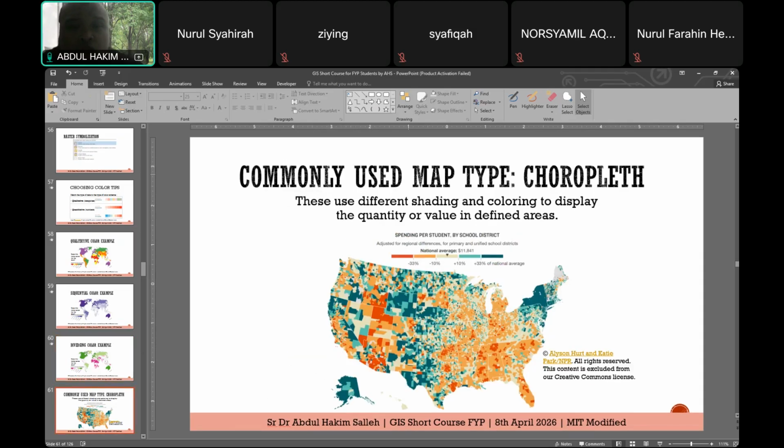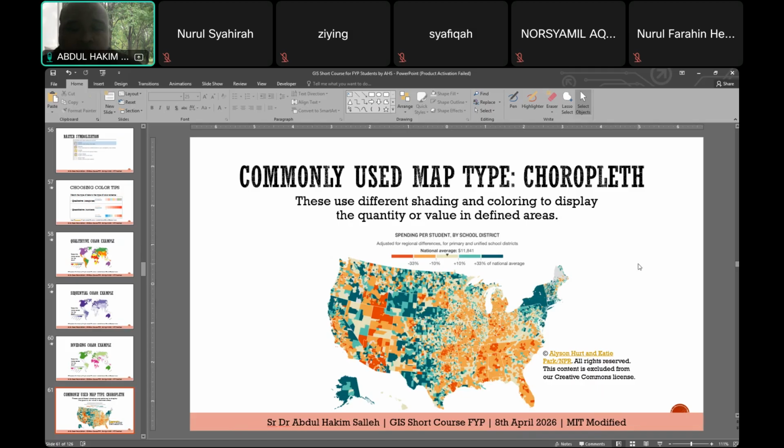Commonly used map type is known as choropleth map. As for these examples, it is spending per student by school district. So when it says by school district, it means it has district boundaries, and it also has the information of the spending per student.